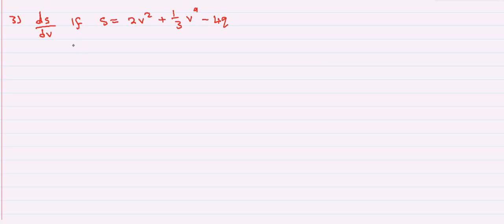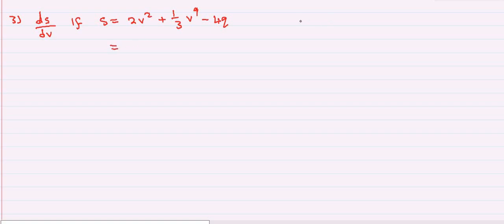On number 3, if they say find ds over dv, if s equals 2v squared plus 1 over 3 v exponent 9 minus 4q, we want the derivative of s with respect to v. When you look at our equation, it's already simplified, so we just need to apply the rules.